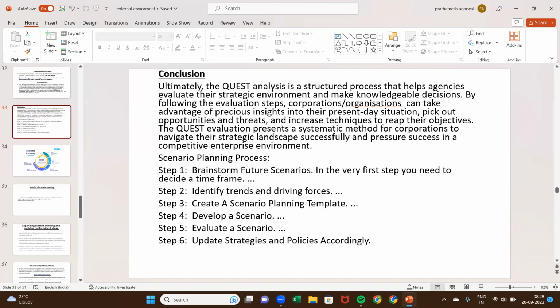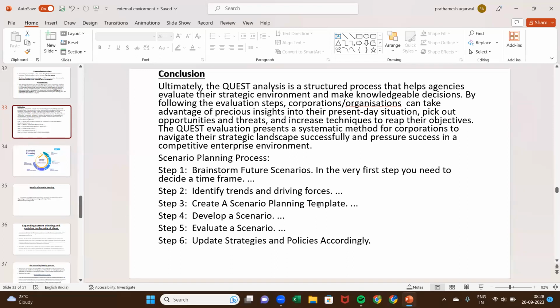Secondly, identify trends and driving forces: what type of trends, what type of things are going on in the market. Third, create a scenario planning template. Again, I tell you, this step 3 is related to step 1 because it is a future scenario.